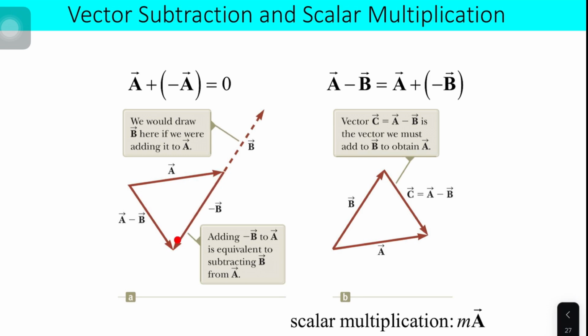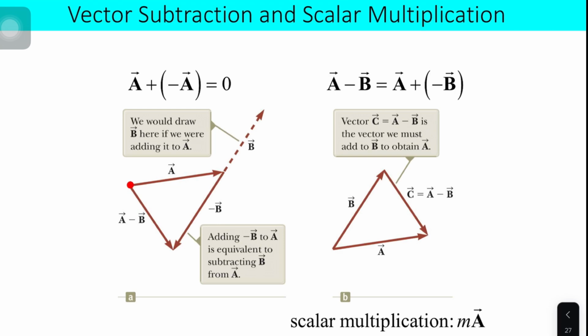So we have here the negative of B. Initially it is here, positive B, but since the process that we're going to do is A minus B, we have to put B as negative of B. So it's just like we turn B 180 degrees.